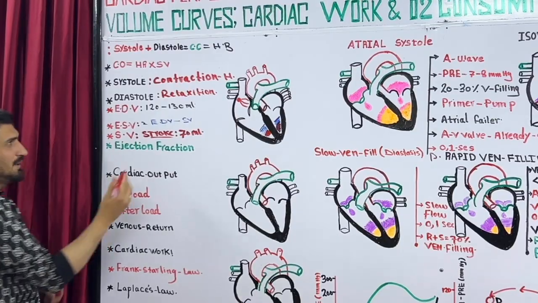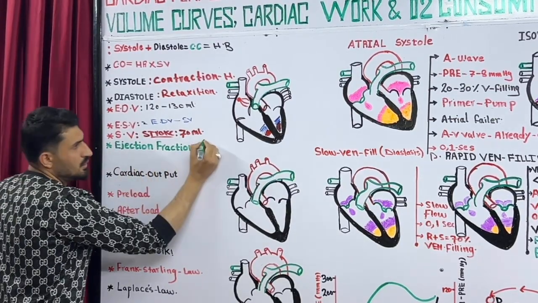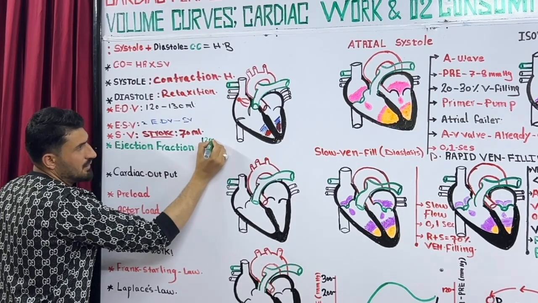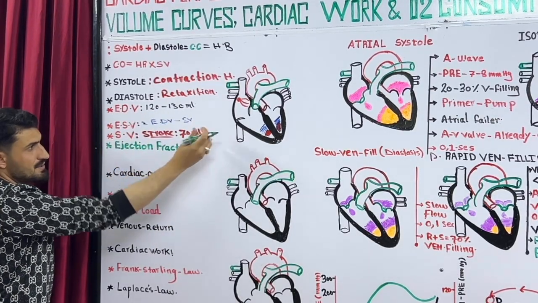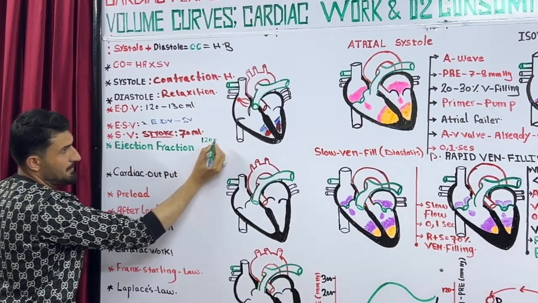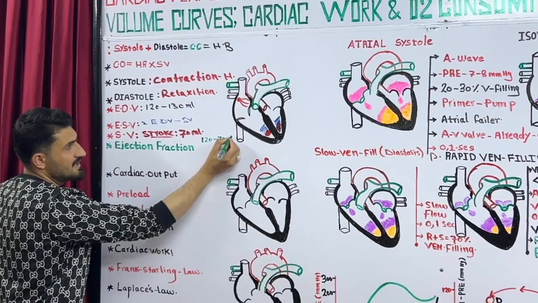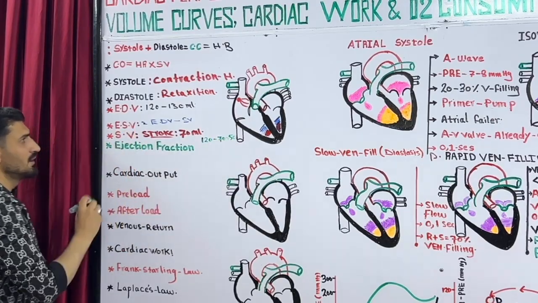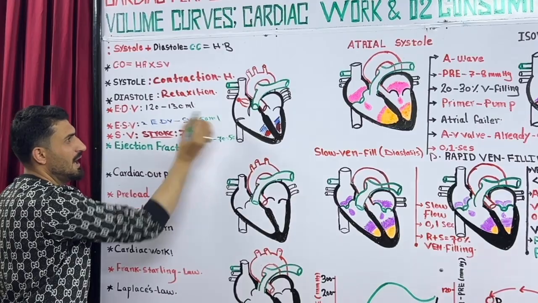For example, I have 120 ml of blood during the end diastolic phase. So end diastolic volume is 120, stroke volume is 70, so it's equal to 50. So here end systolic volume is around 50 mLs.